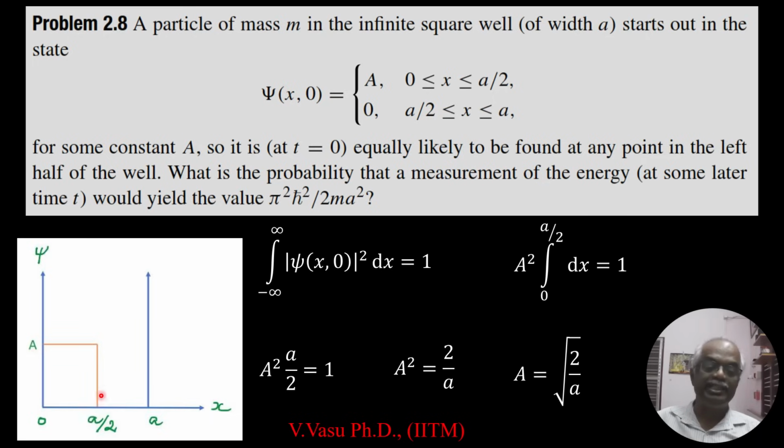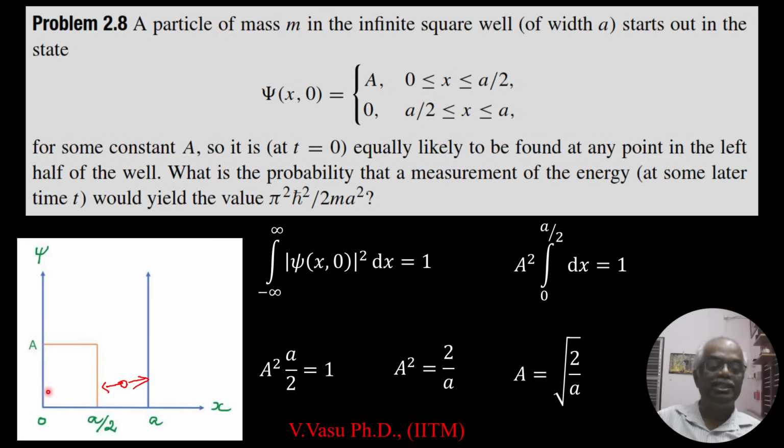So here the wave function is 0 in this range. Here the wave function is A, so it's a constant. Because it's a constant, a fixed one, it is not an eigenfunction of the Schrodinger wave equation.